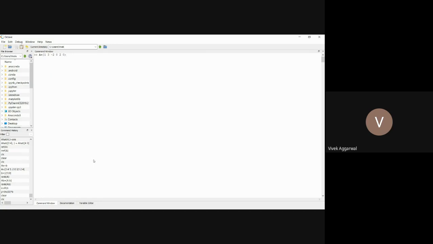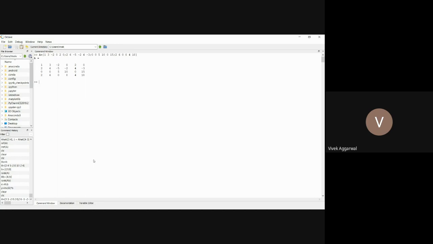So I'm taking 6 elements in a row, then I'm taking 2 6 minus 5 minus 2 4 minus 3, and then 0 0 5 10 0 and 15, and then 2 6 0 8 4 18. So this is the matrix I got. This matrix is a 4 cross 6 matrix.